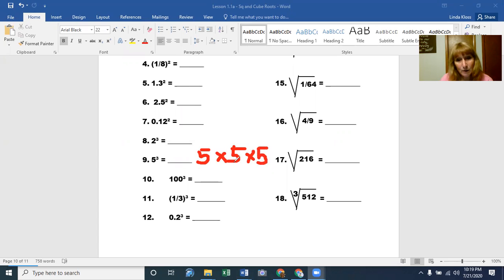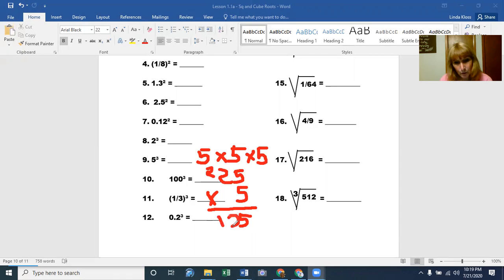So 5 times 5 is 25. And then times another 5. And yes, you can try it on your calculator, but please try it first by hand and then check it with the calculator. 5 times 5 is 25, so I put down the 5 and I carry my 2. 2 times 5 is 10, plus 2 more is 12.